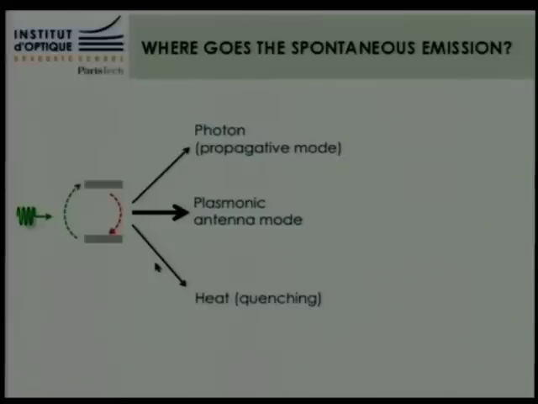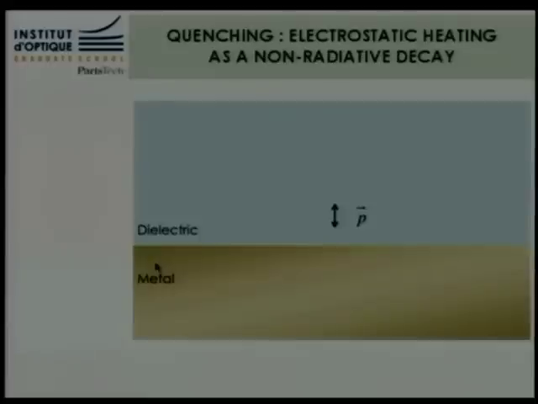So one may wonder, where does the spontaneous emission go? It can decay either into a propagative mode, or into a plasmonic antenna mode, or into heat. So when a dipole is located very close to a metallic interface, say 1 or 2 nanometers away, the field seen by the metal is purely electrostatic.